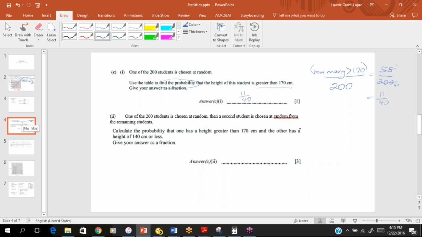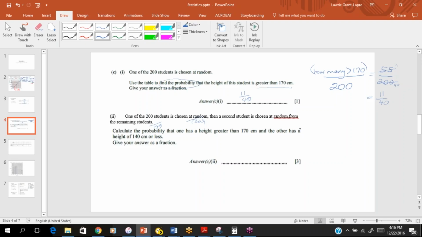Now, one of the 200 students is chosen at random, and a second is chosen at random from the remaining, so there's 200, and from the remaining students, there's 199. Calculate the probability that one has a height greater than 170 and the other has a height less than 140.